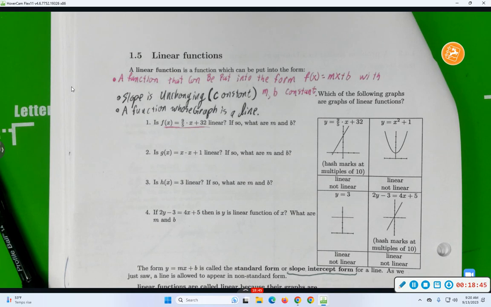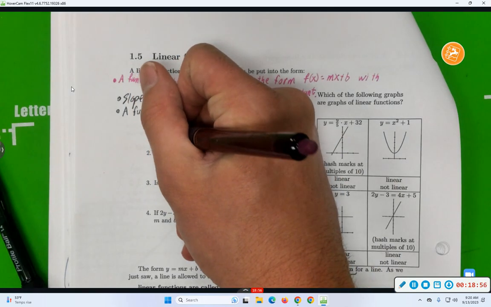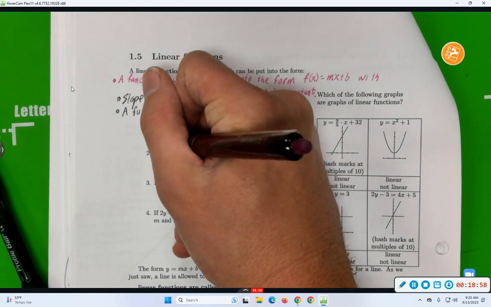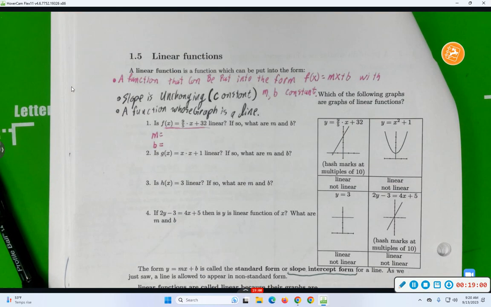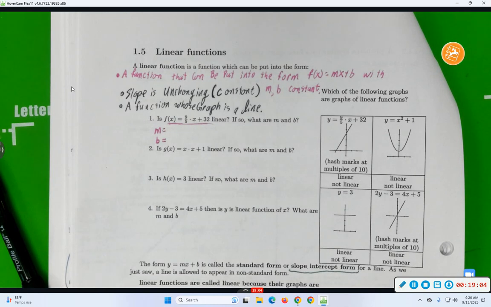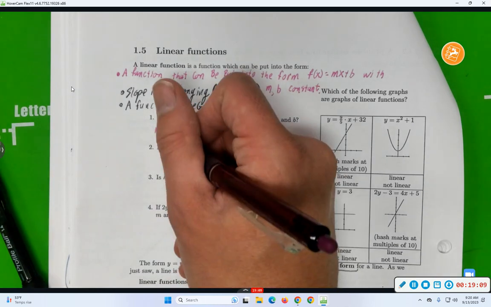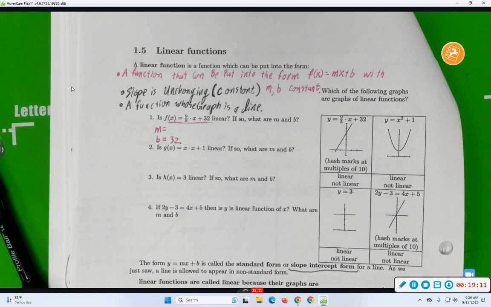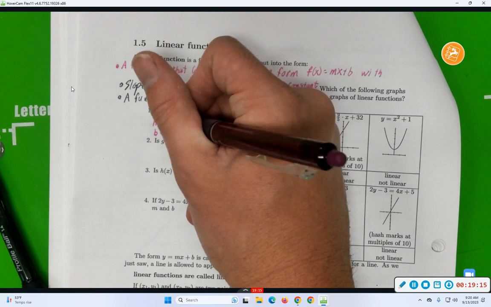If you want to put it in this form, what are m and b? Awesome. That's correct. For this particular example, b is 32, and m is 9/5.